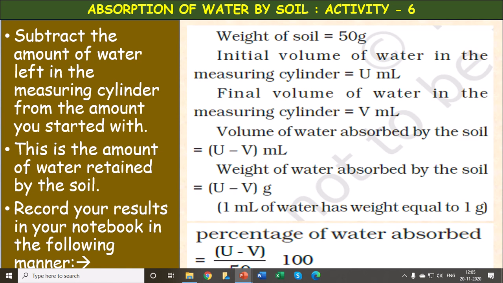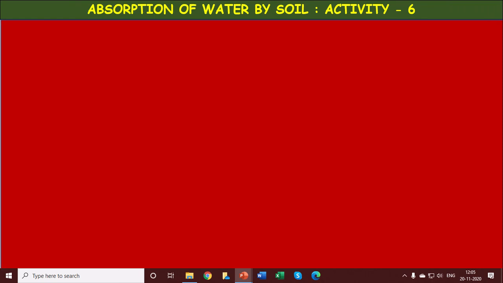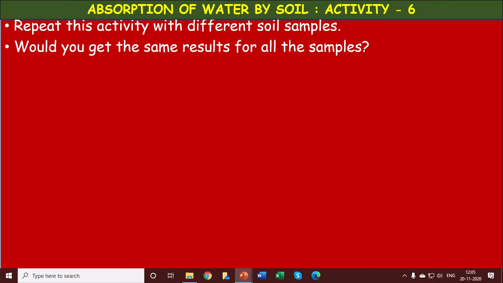Then you finally analyze and understand which soil has a good absorption ability. Repeat this activity with the different soil samples. Would you get the same result for all the samples? After doing it, you will know. No. Okay, you will get different results.